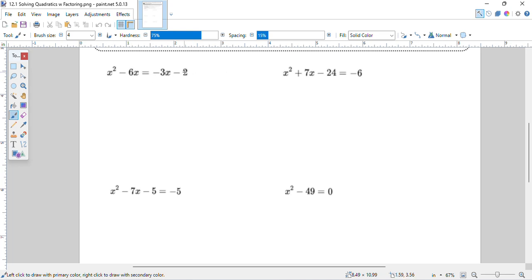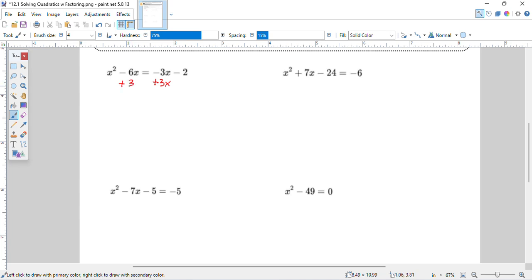That way we can set it equal to 0. To do that, I'm just going to use inverse operations. I need to move the negative 3x, so I need to add 3x to both sides. And then, of course, what I add to this side, I have to add to the other side.